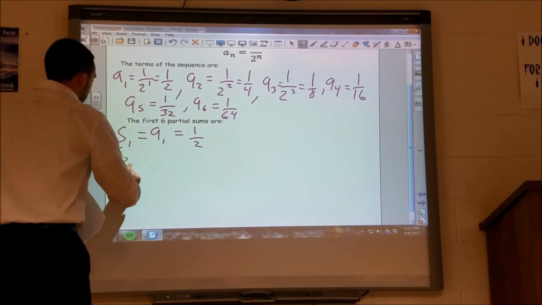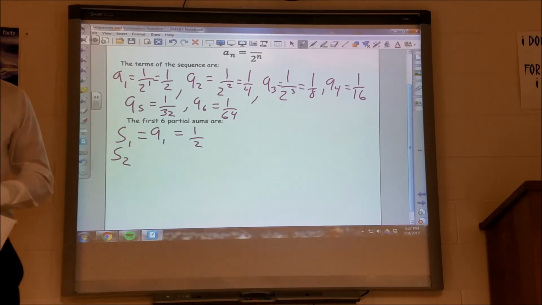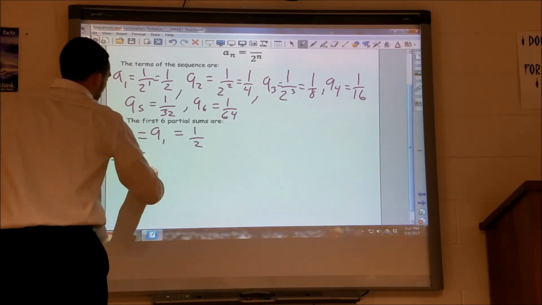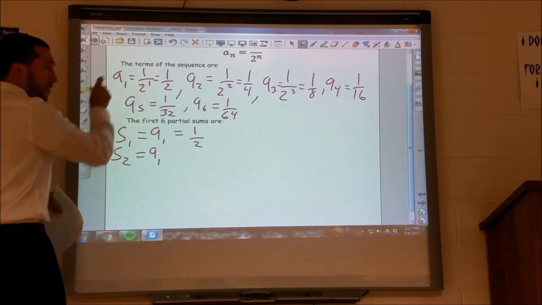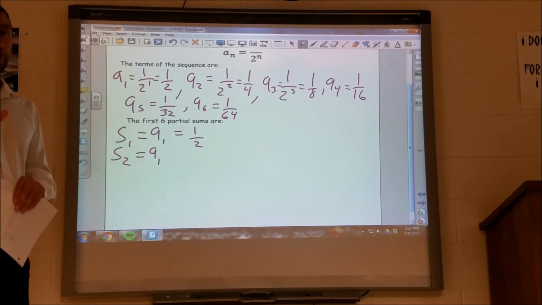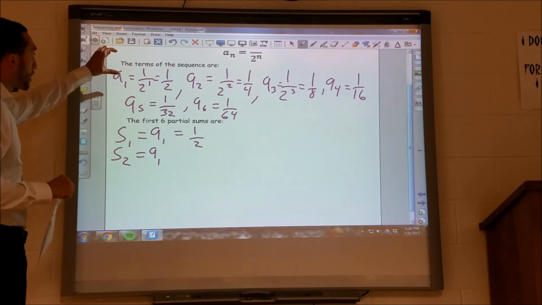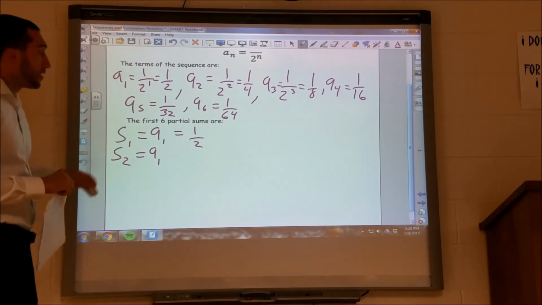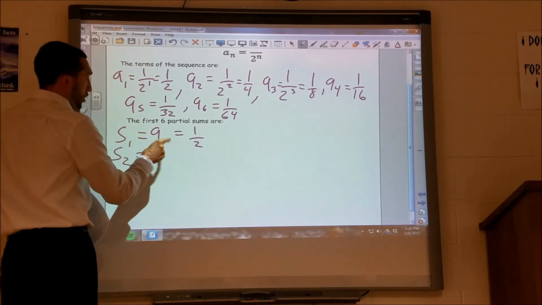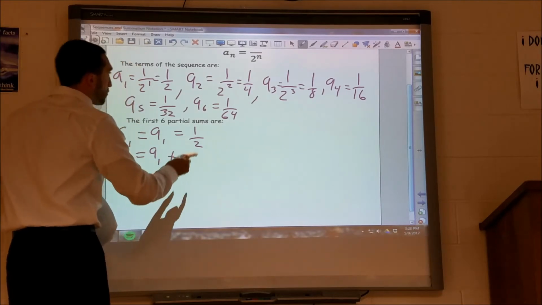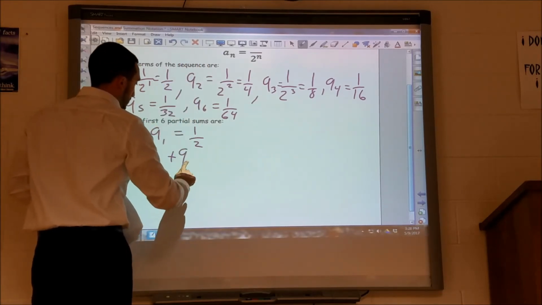So now I want to find the second partial sum. What that means is I want to take my first term, so we got to keep these vocab words separate here, right? These are our terms. This is a sum. So I want to take my first term and add it to my second term.